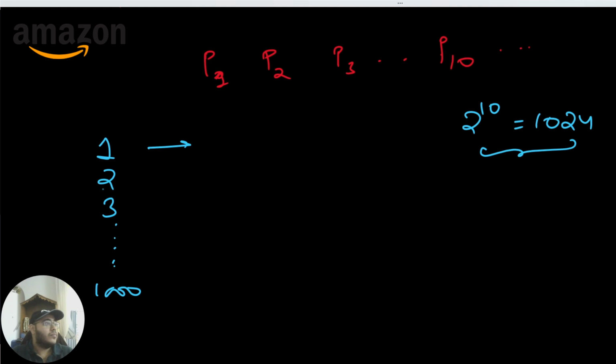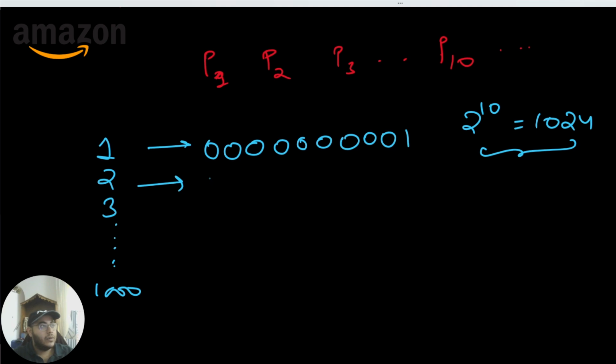Now let's represent each bottle in the binary number system using 10 bits. If we are using 10 bits, what will 1 look like? It will look like 0, 0, 0, 0, 0, 0, 0, 0, 0, and 1. How will 2 look?